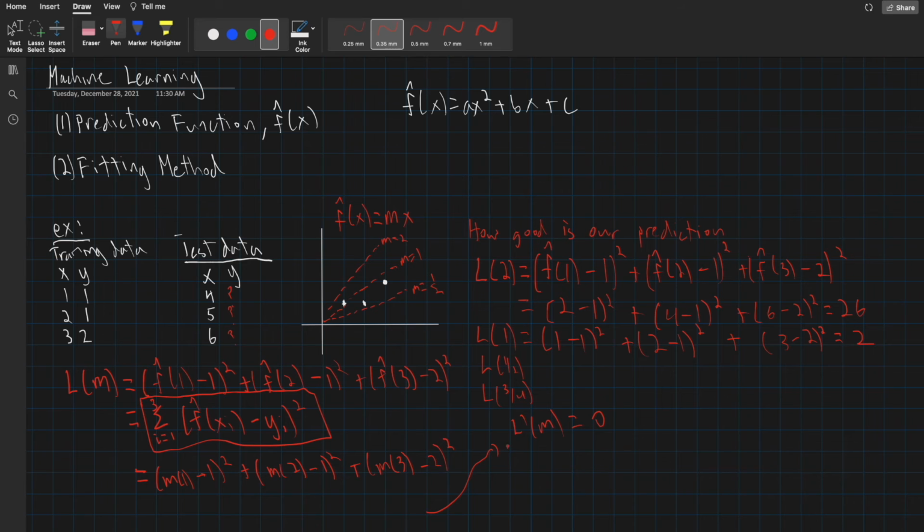So L prime of m is going to be equal to 2 times m minus 1 plus 2 times 2m minus 1 plus 2 times 3m.